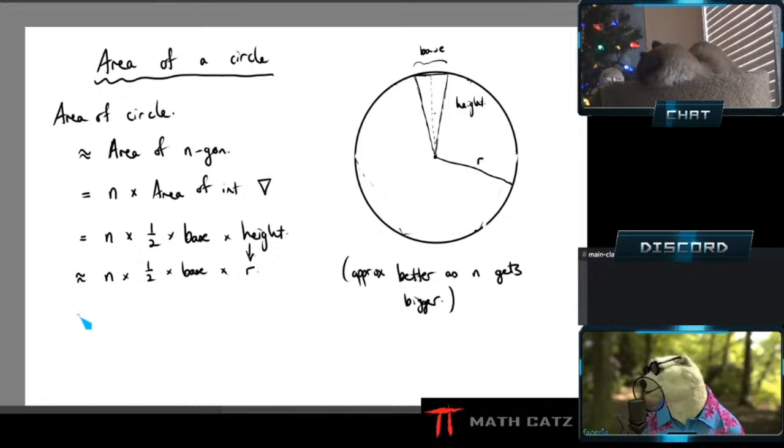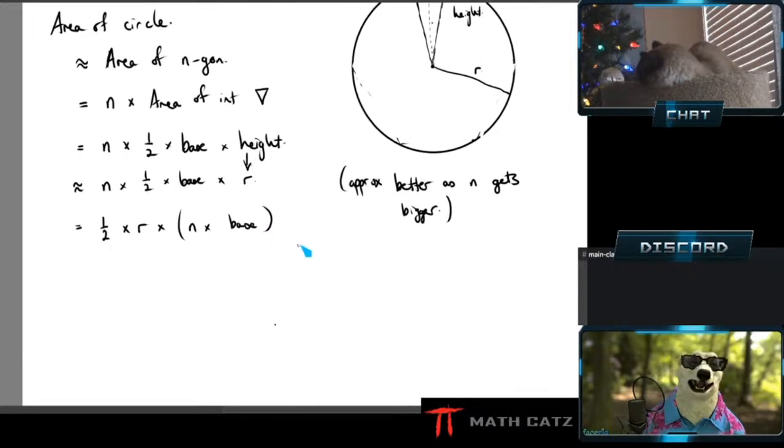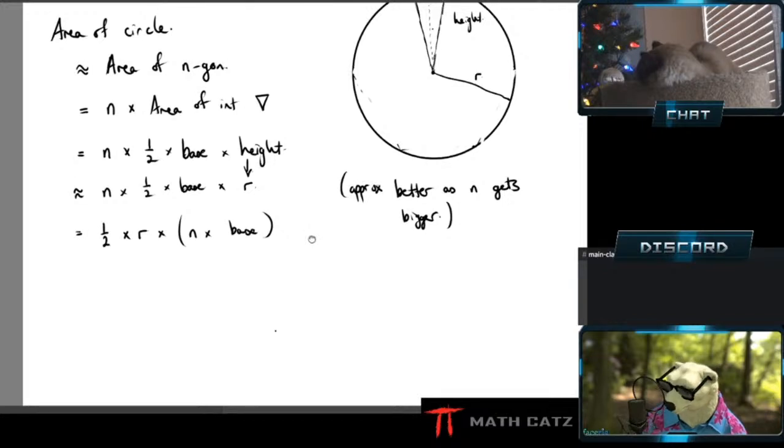Now I just want to shuffle some things around. I want to put my half in front. I want to put the radius over here next. And then I'm going to just focus on the n and this base length, those together, and think about that by way of the picture again.